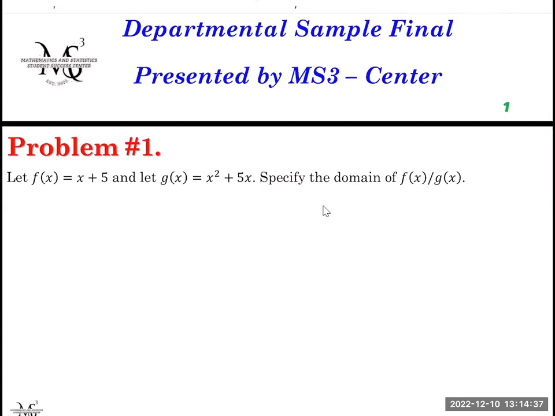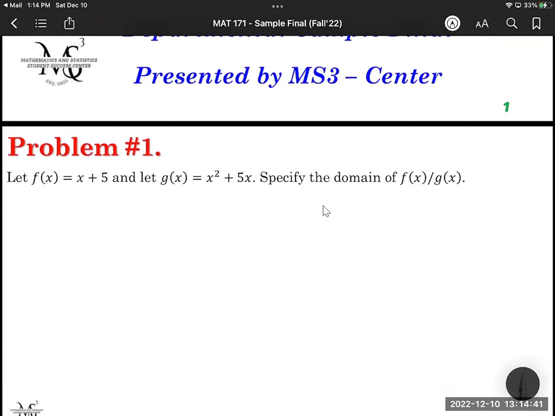When I have one function divided by another, f of x divided by g of x, what do I know about that denominator? Yes, there's going to be an x involved, but more importantly, what do I know about x?